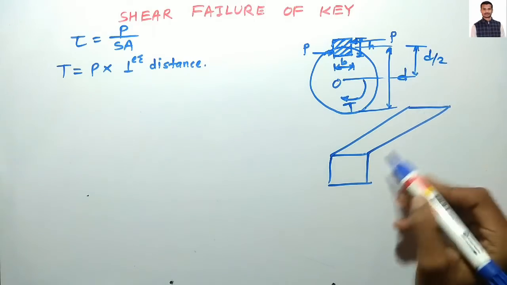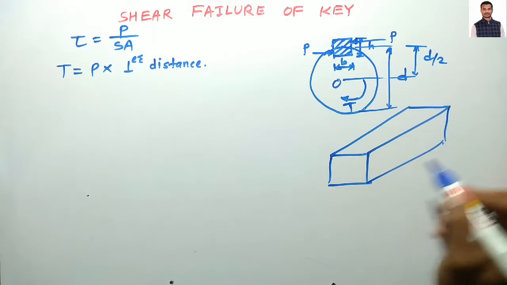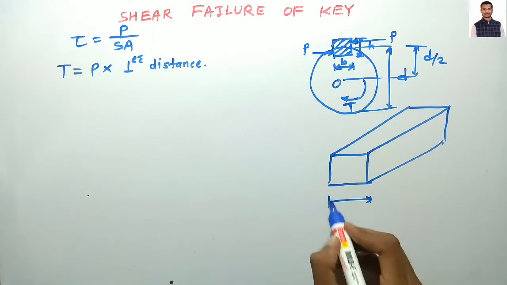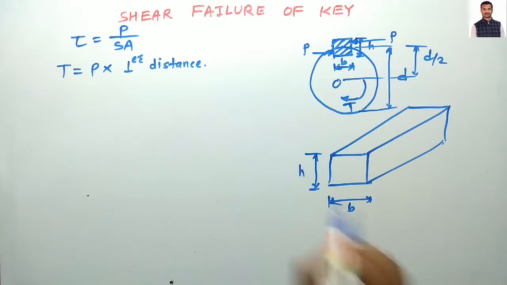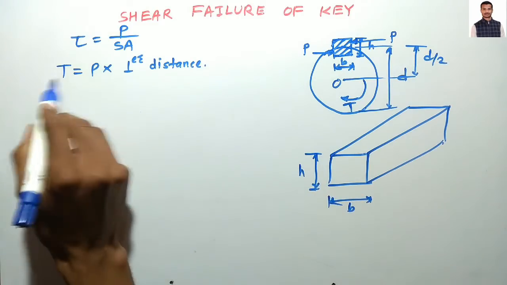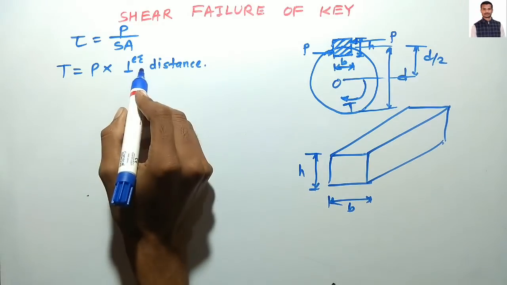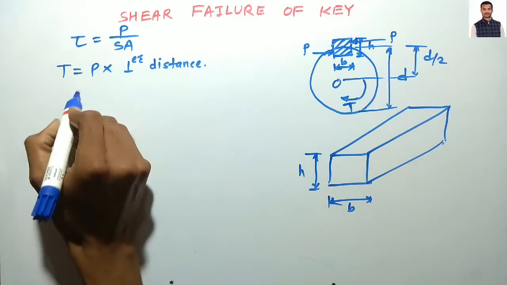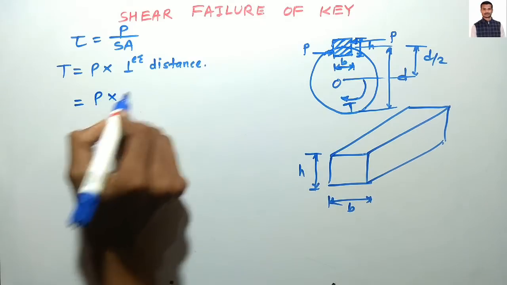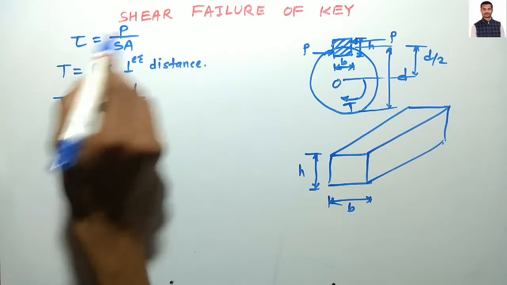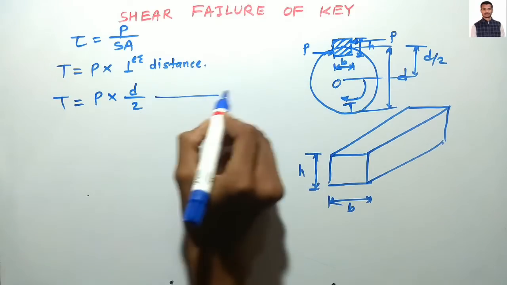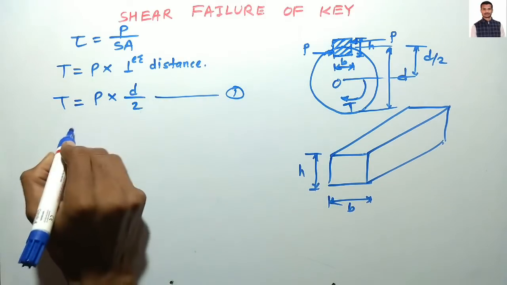Now torque is P into d by 2. From this equation we can find out P.